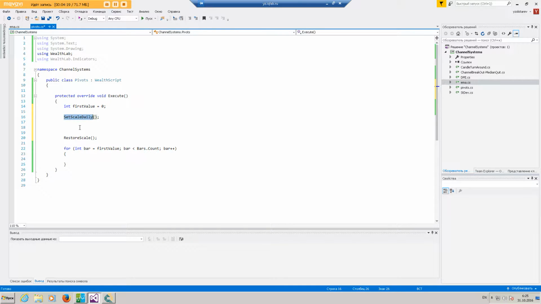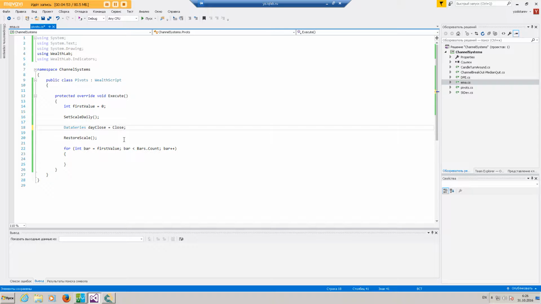This one just sets it to daily, and so what do we want to do when we set it to daily? Well, we just want to take yesterday's prices that we need. So let's create a data series, and it's going to be day close, and it's going to equal close.